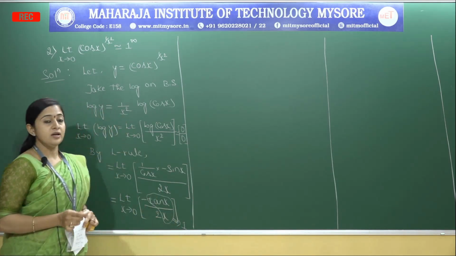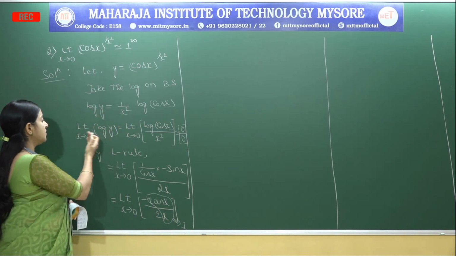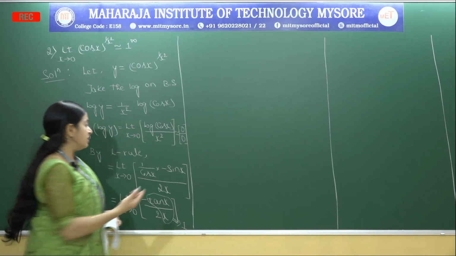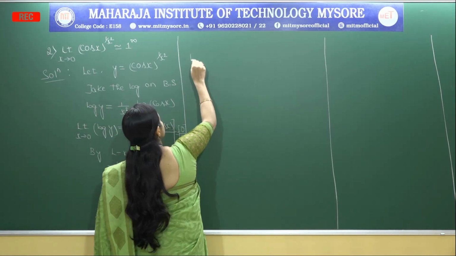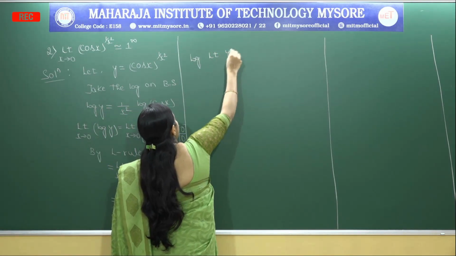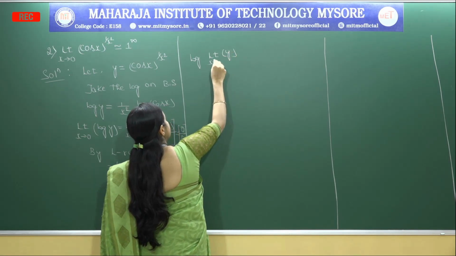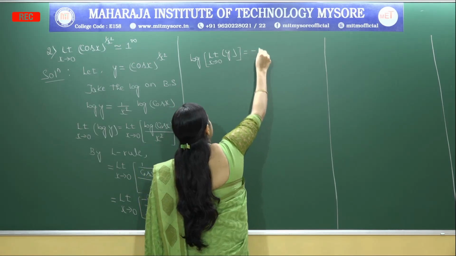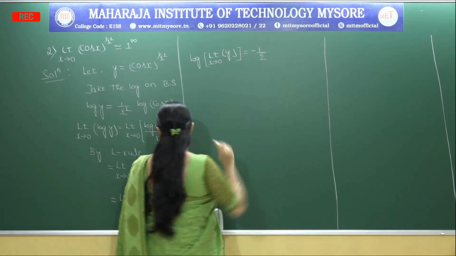Apply the property, and on the LHS side you interchange the log and the limit, since you have the property that you can interchange the log with the limit. So the limit of log y as x tends to 0 equals minus 1 divided by 2.